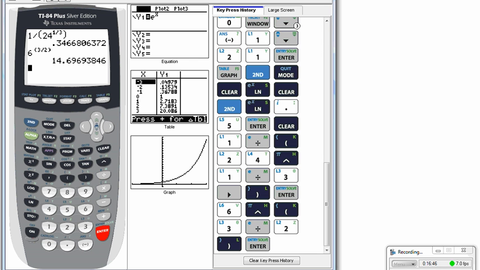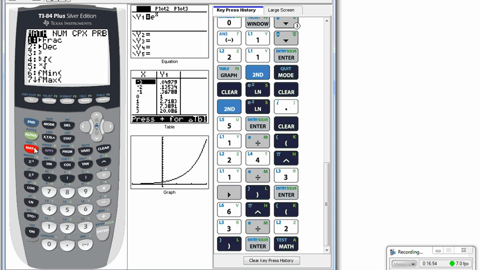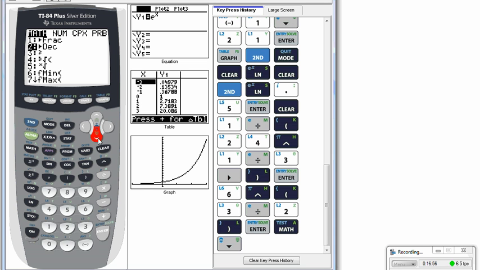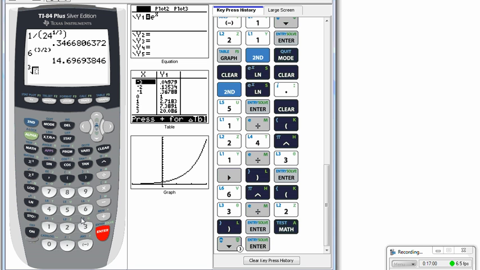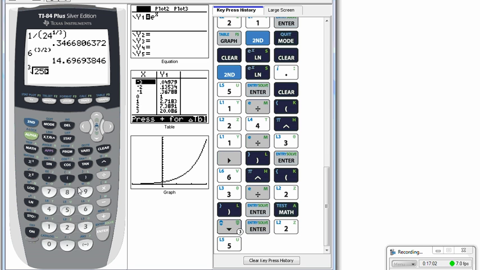Now, if you want to go for the cube root, one way you can do it is do the math: 25 over 3.